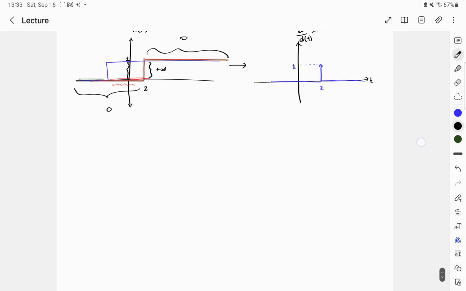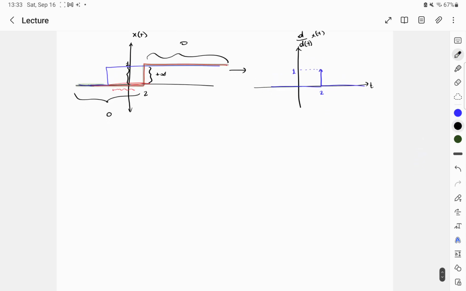If we were going to continue with our calculations, it's not done, because we also need to calculate the DC value.